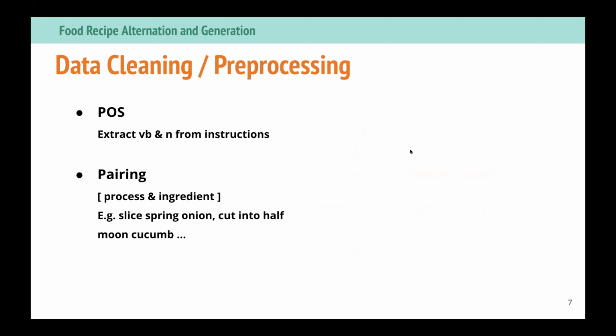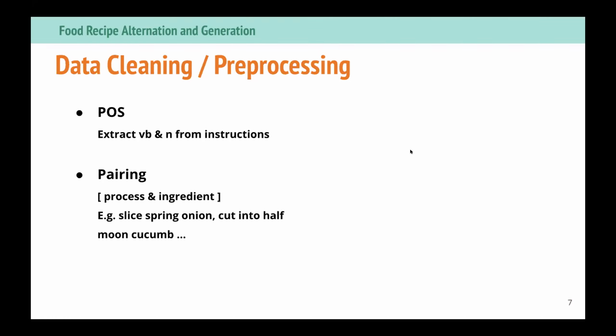And besides, to improve the training, we perform the part of speech tagging in the cooking instruction steps. Only keep the verbs and nouns. The exact amount of each ingredient in the recipes were also ignored, like 15 grams or 1 ounce. Those numbers were ignored in our similarity analysis.